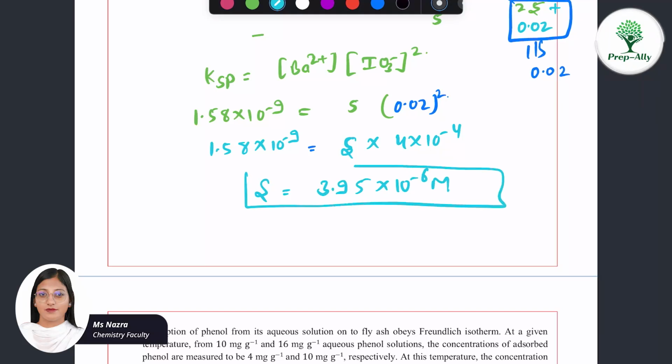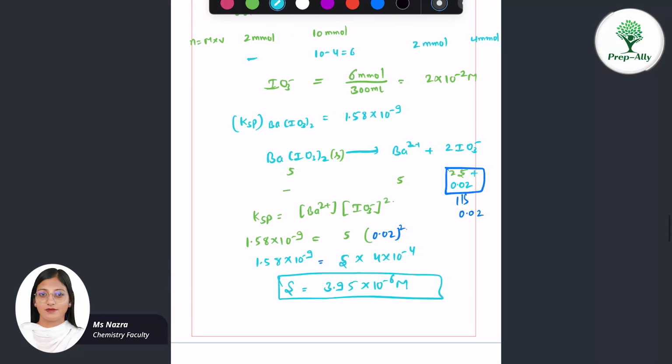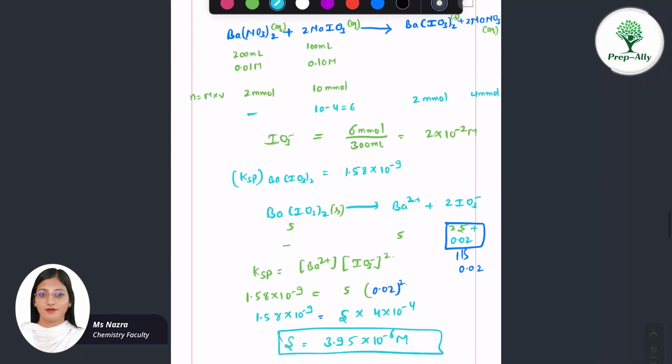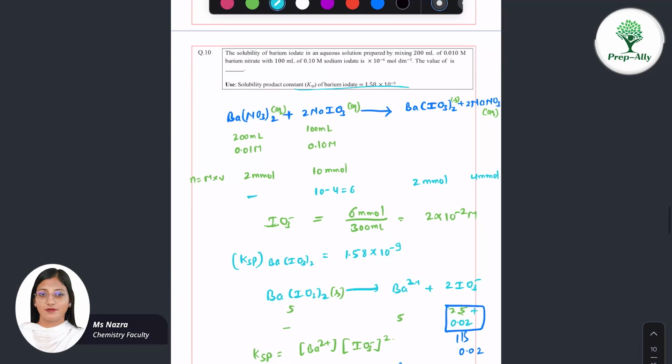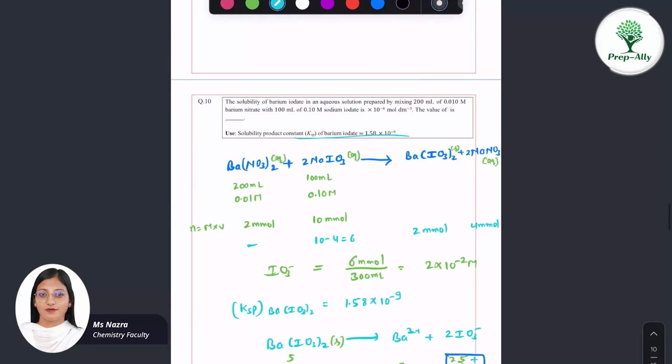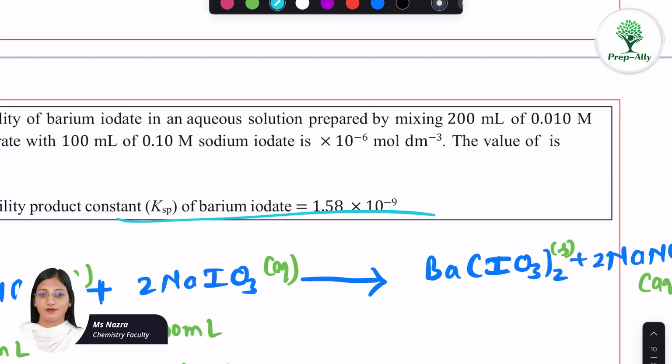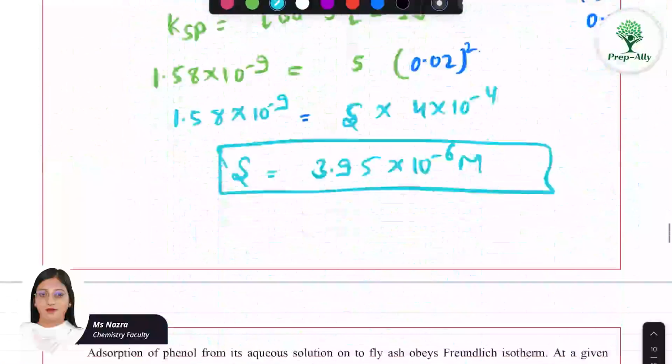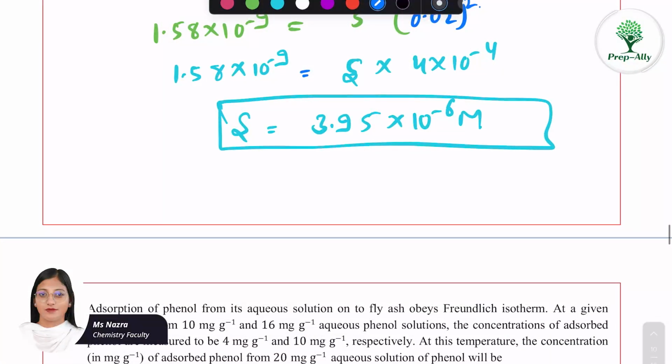This is the S. And S is nothing but the solubility of your barium iodate. So the value of S is 3.95 into 10 to the minus 6, and examiner has asked you the value of this thing. 10 to the power minus 6 is already given, so we'll have to just report it in the answer as 3.95.